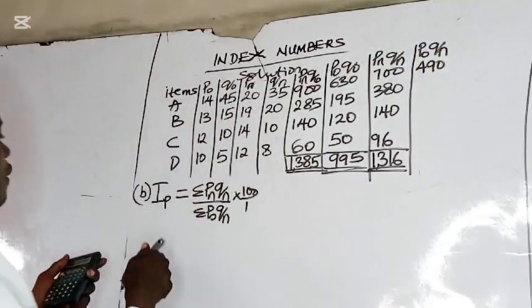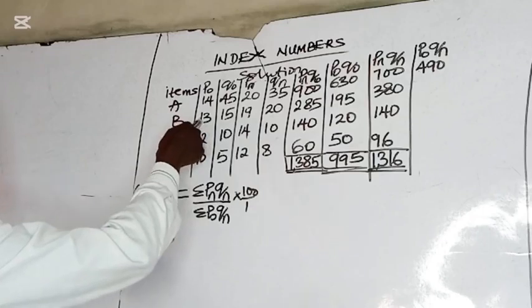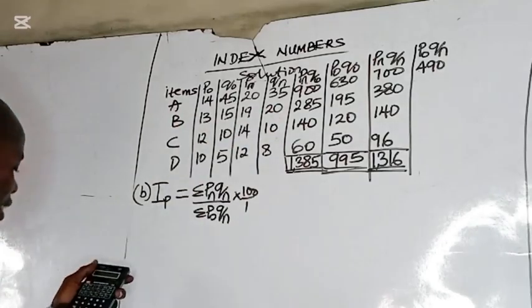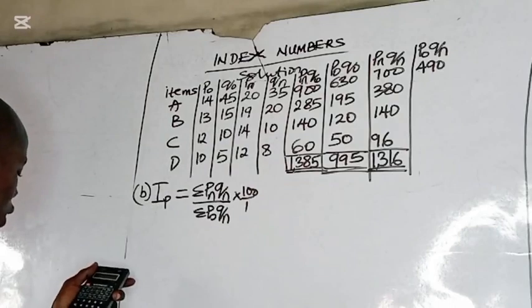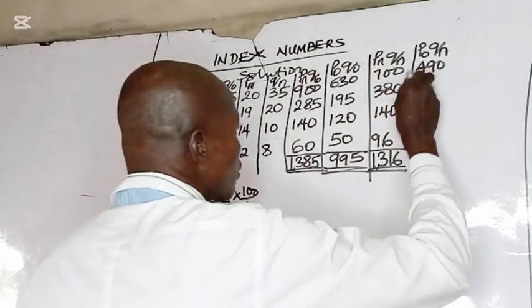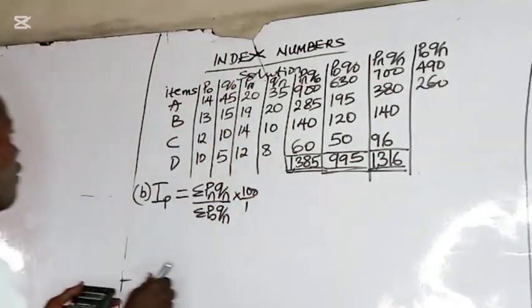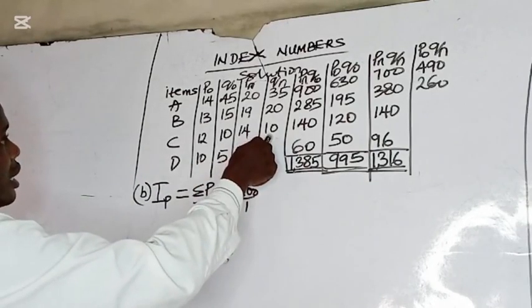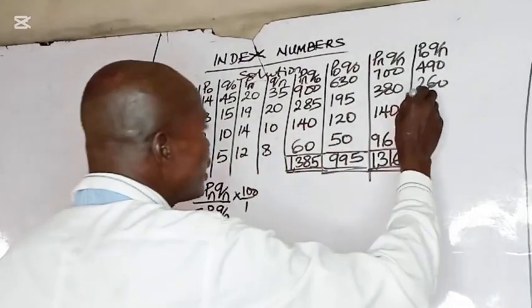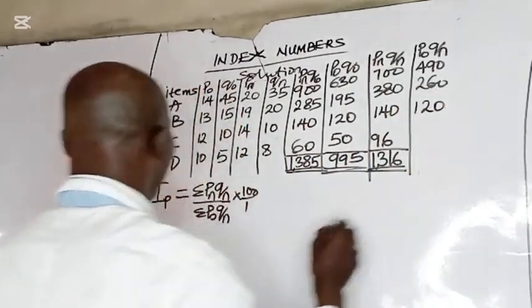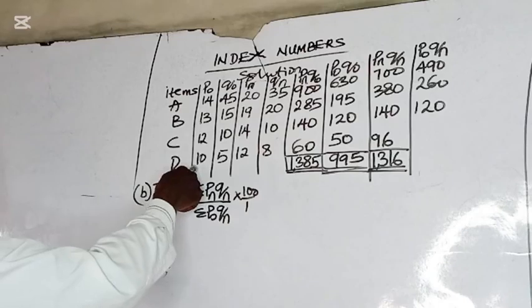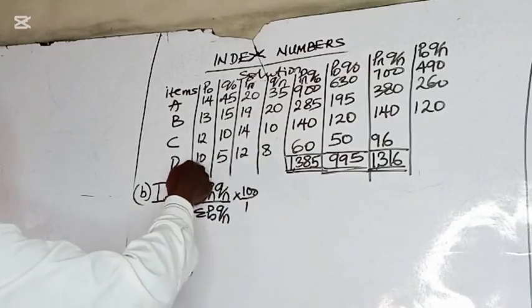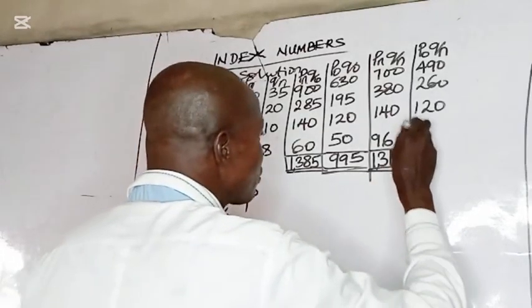Then we also have PO 13, QN 20. 13 times 20, that gives us 260. Then PO 12, QN 10. 12 times 10, that gives us 120. Then PO 10, QN 8. 10 times 8, that gives us 80.